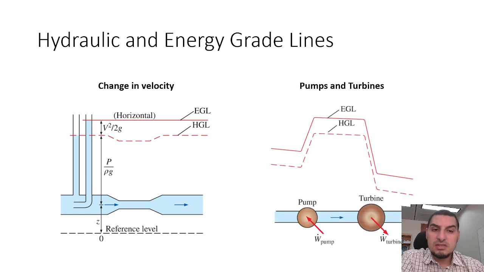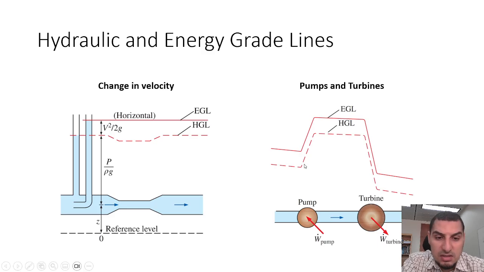One last thing, which is something we mentioned before about the mechanical devices that can change the energy of the fluid or convert the energy of the fluid into mechanical work. We have the pump and the turbine, and we said before that the pump is a device that provides energy to the fluid.